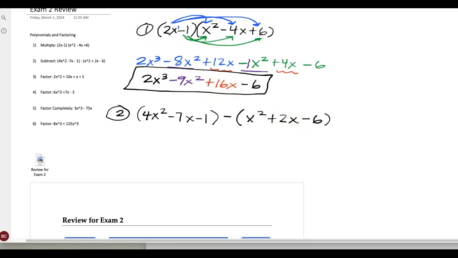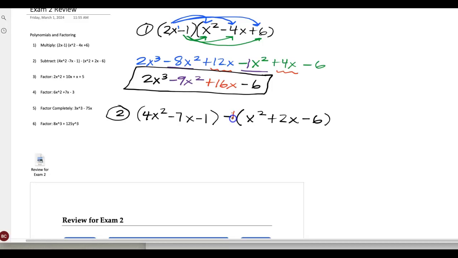And be careful with this, because sometimes people look at this and think that it is multiplying like we did up here. But notice there's no symbol in between my 2 parentheses there, right? That's what's telling us it's multiply. Here, it's subtract, because there's that subtraction sign.